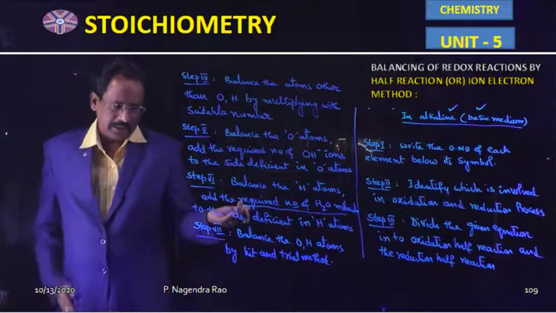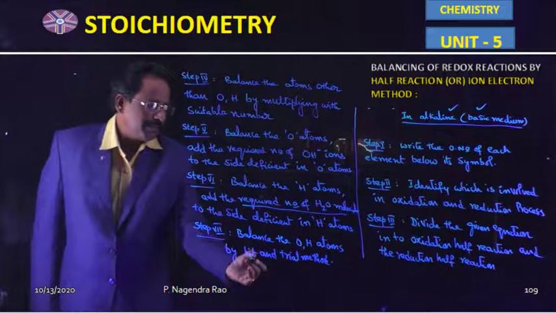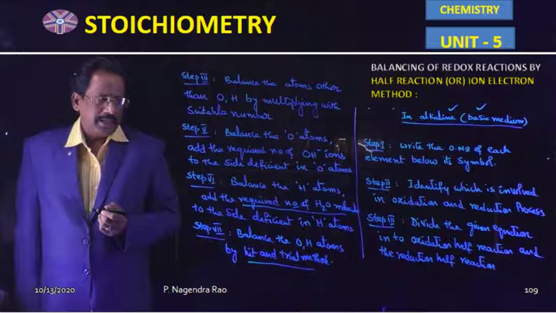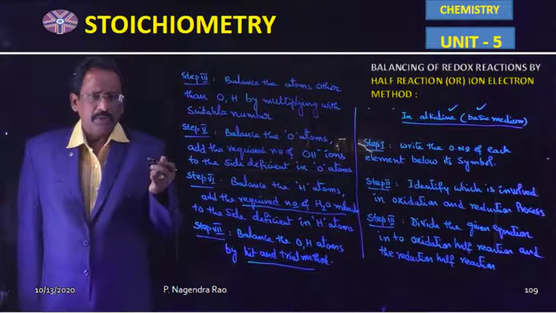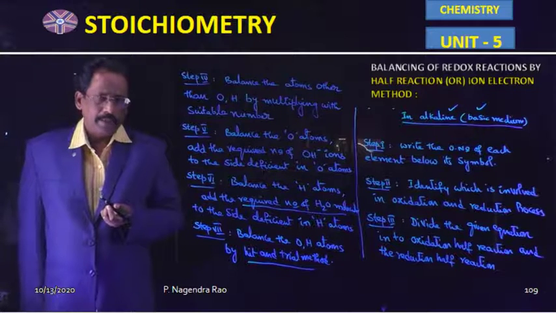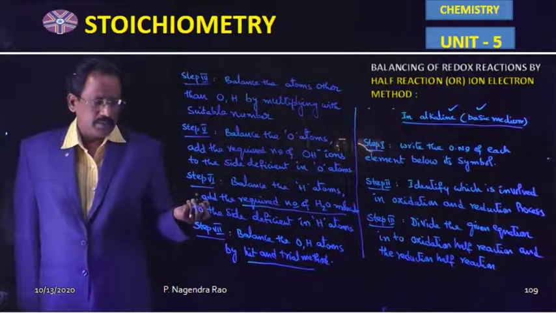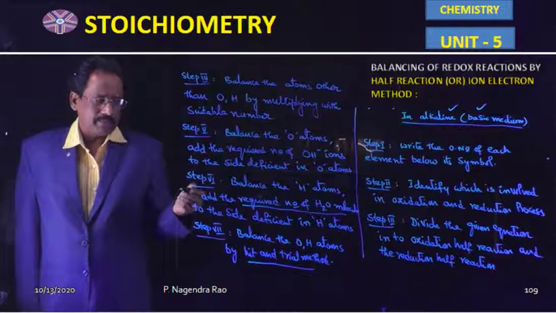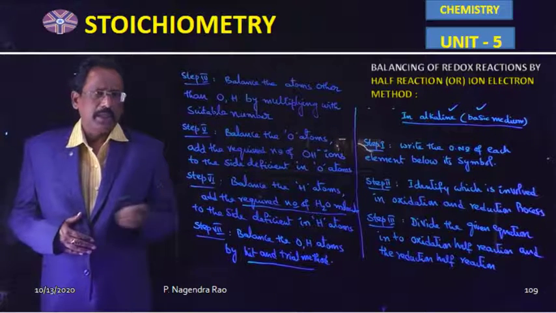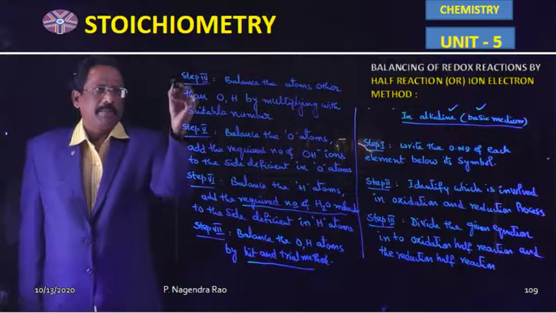So after that, balance those two atoms by hit and trial method. That means multiply OH minus ions with a suitable integer like 2, 3, like that. After that, both the hydrogen atom and the oxygen atom are balanced after the seventh step.